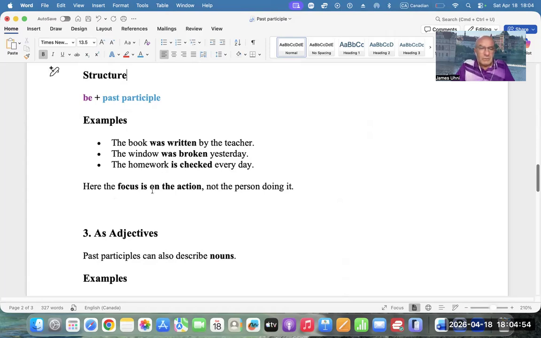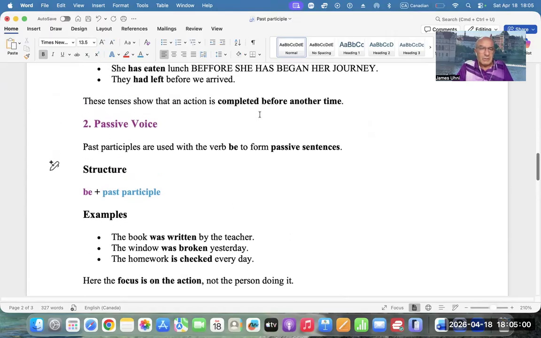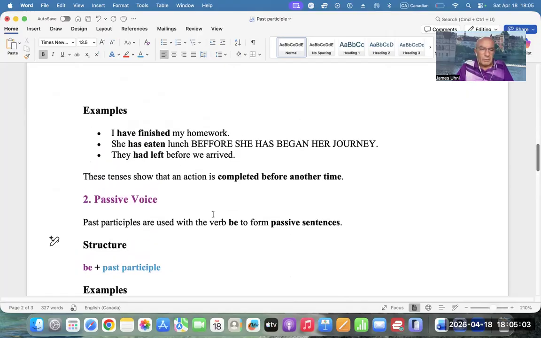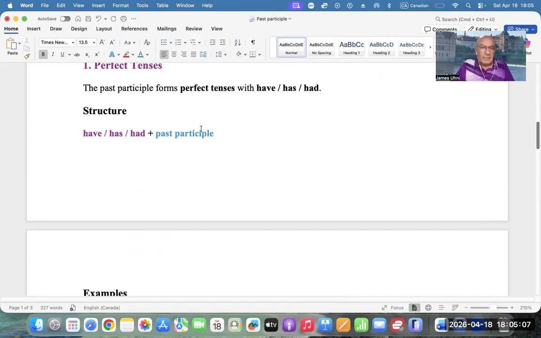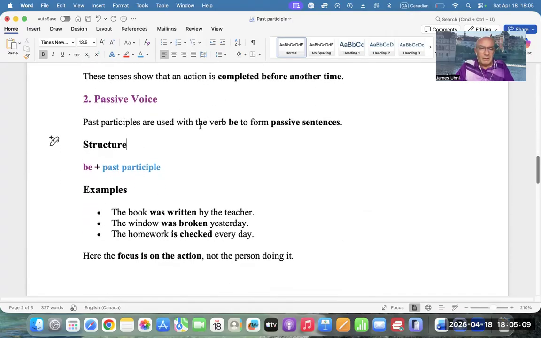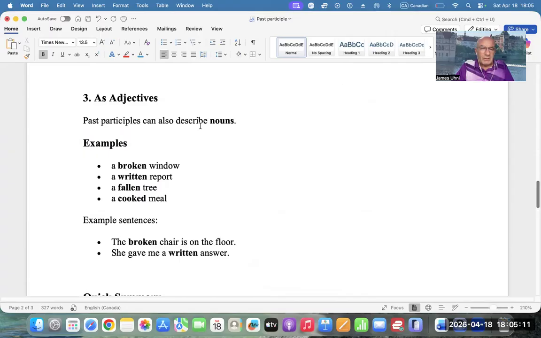Here the focus is on the action, not the person doing it, like it is in passive voice. Oh, sorry, like it is in perfect tense. Then the last part is number 3, as adjectives.